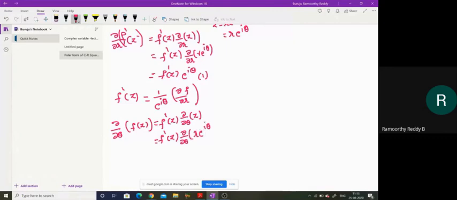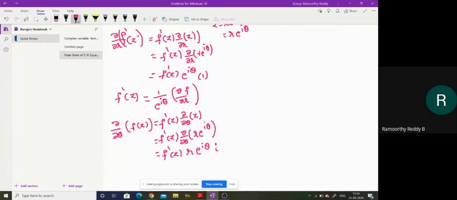So your z is r e^{iθ}. Now f dash of z into, with respect to theta, r is constant. ∂/∂θ of e^{iθ} is e^{iθ}, and again you have to do ∂/∂θ of iθ, for that it is i. So r into e^{iθ} into i.